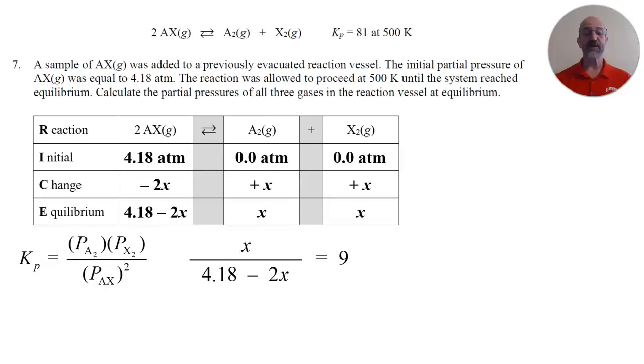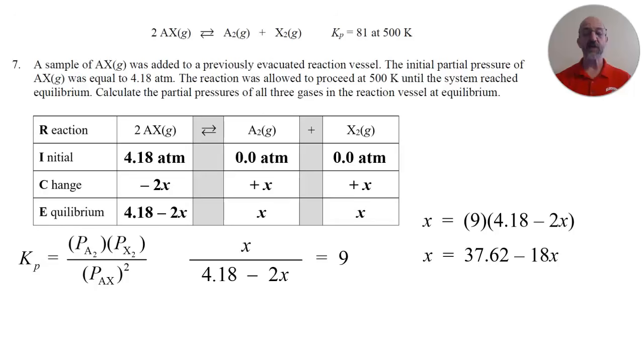The next thing that I will do is multiply both sides of the equation by the expression 4.18 minus 2x. Now I will take the number 9 and multiply by 4.18. And I will also take the number 9 and multiply by negative 2x. So when I do that, I get 37.62 minus 18x.